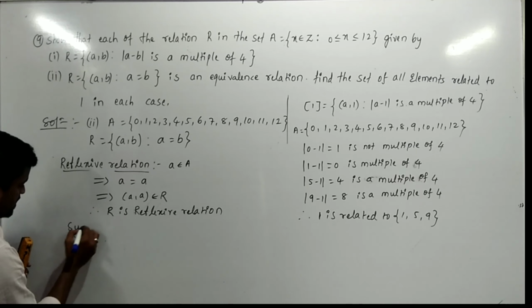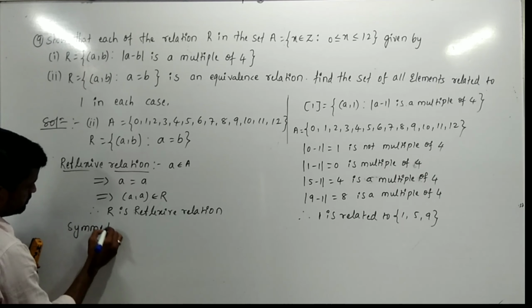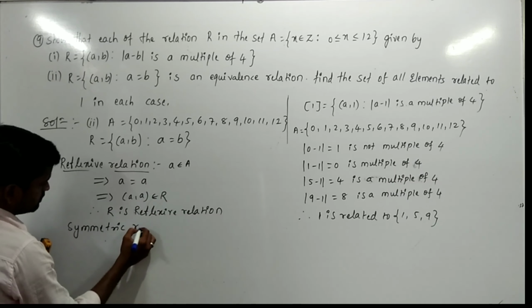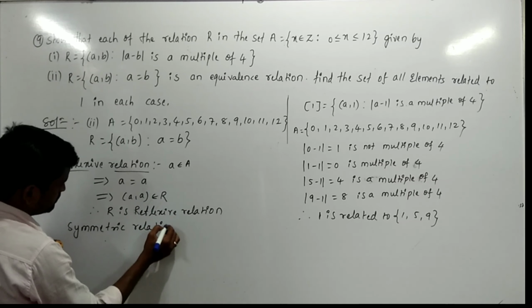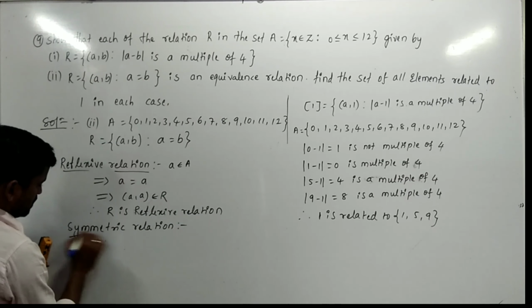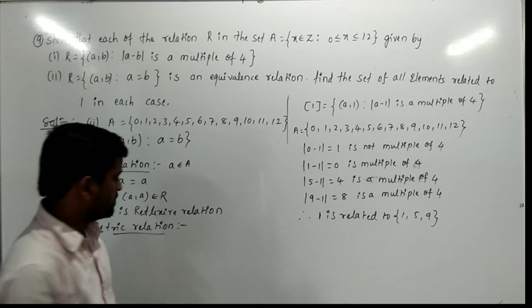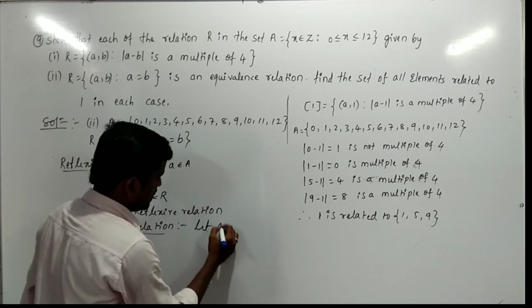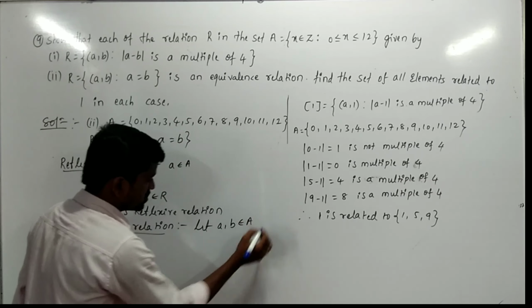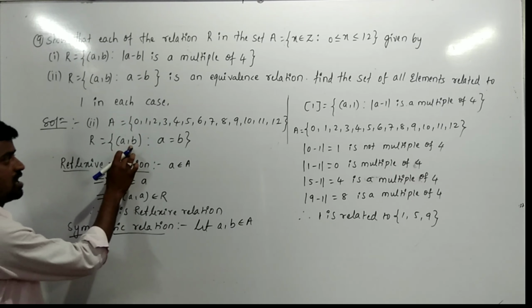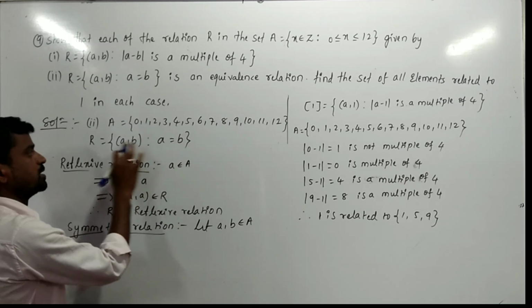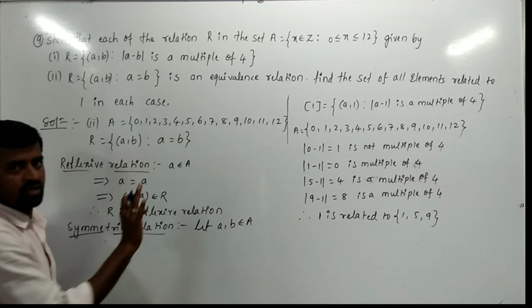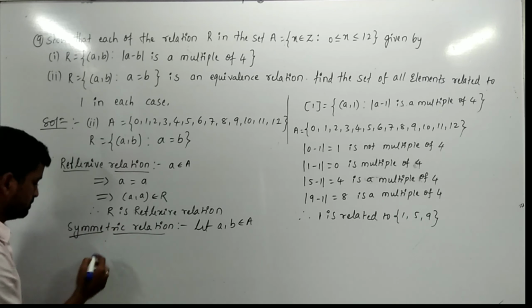Second, symmetric relation. In symmetric relation, there are two elements. Let A comma B belong to A. If A comma B, then A equal to B, and B comma A means B equal to A, mutually equal.